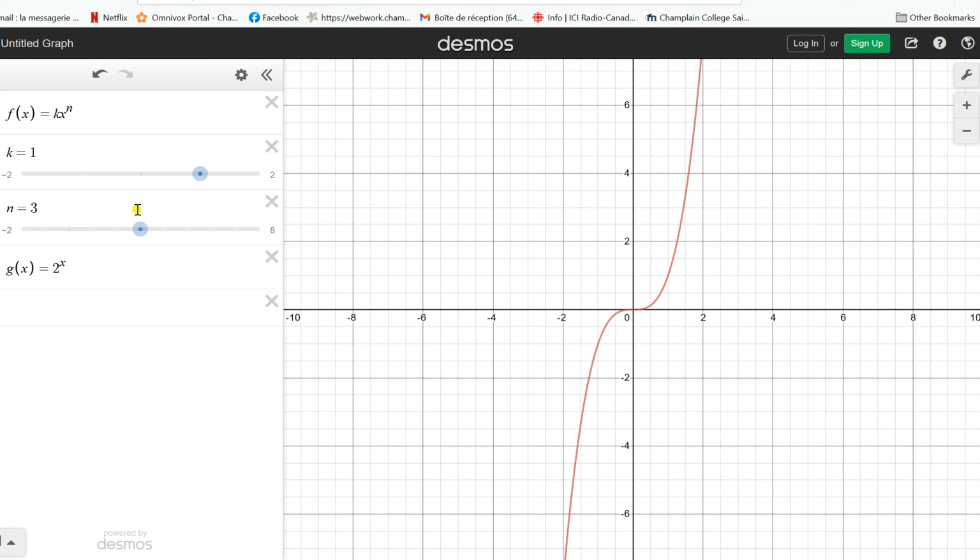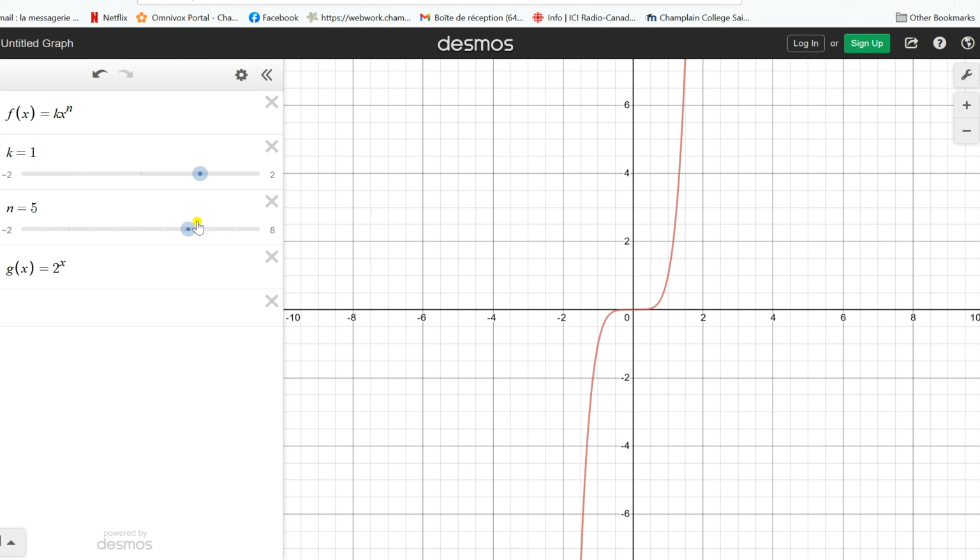So when x is large positively, you've got large positive values of f of x, and when x is large negative, you've got large negative values of f of x. And that happens again if you've got an odd power of 5.